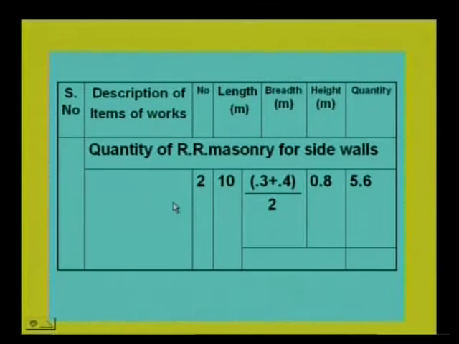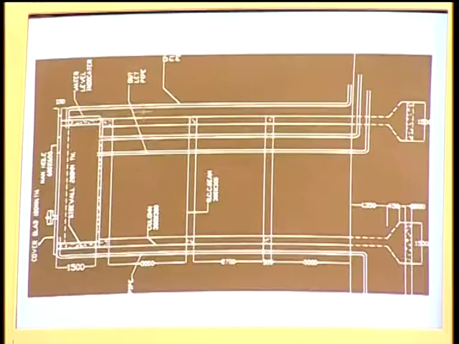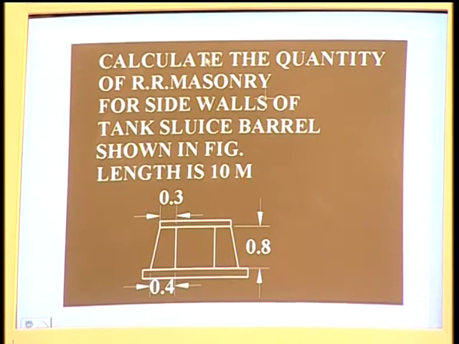Now let us take some problems. Look at this picture here. One small problem, short question. Calculate the quantity of RR masonry for side walls of tank barrel shown in figure for a length of 10 meters. See here, these are the side walls of the barrel, trapezoidal in portion, 0.3 meters is the top width, 0.4 is the bottom width, height is 0.8. So it is calculated as follows.